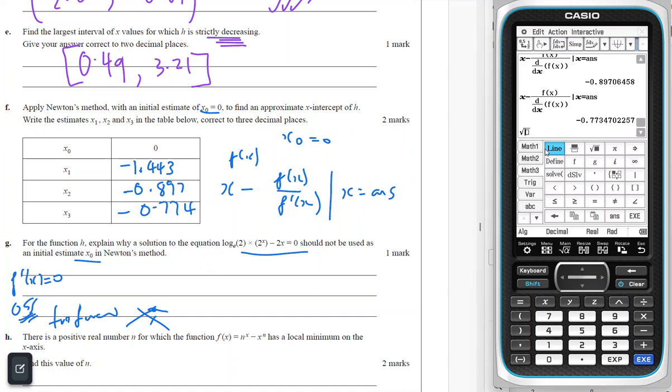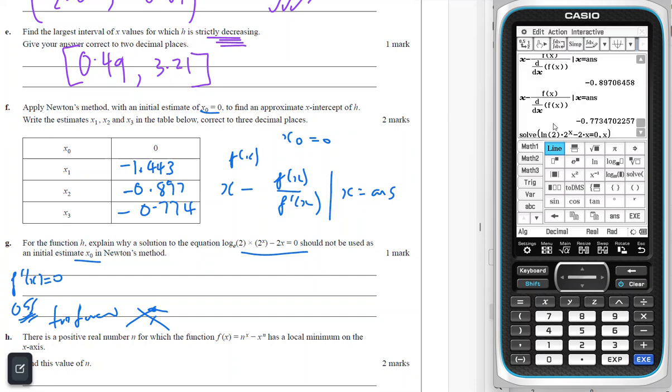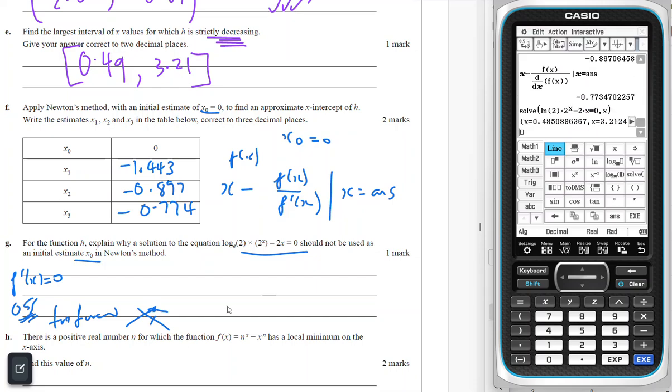So log base e of 2 times 2 to the x minus 2x equals 0. If I solve that and solve for x, I get these two answers.